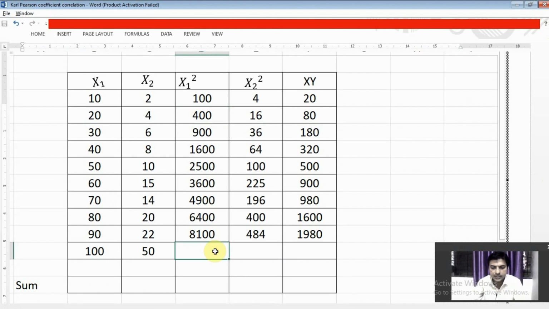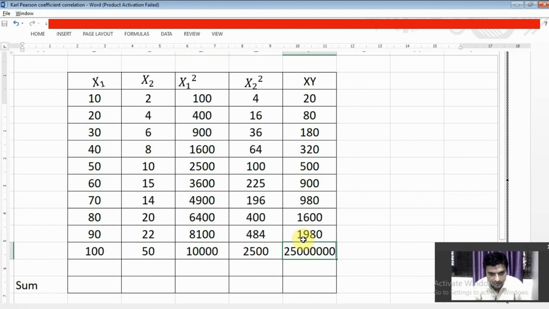So 100 square will get how many? 10,000. Okay. Then 50 square is 2,500. Oh, now this is increasing. Then 15 square is 225. Oh, it's a large number, right?